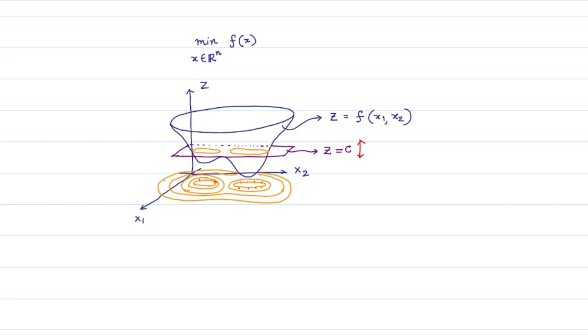Now if we look at these level curves in the plane of x1 x2, that means you just draw out these level curves of the function in the plane of x1 x2, the level curves will look like all these sorts of curves.